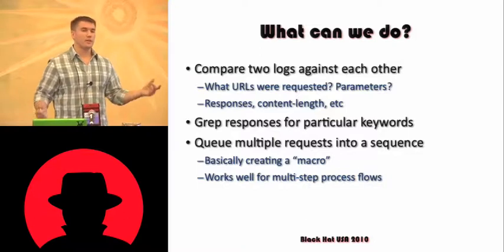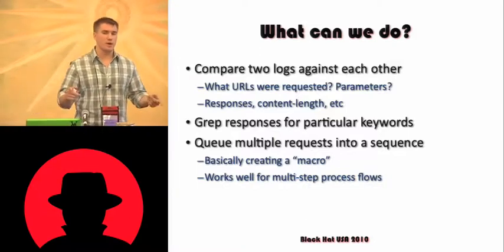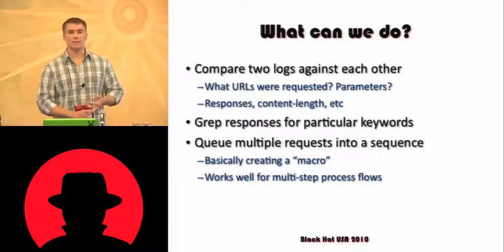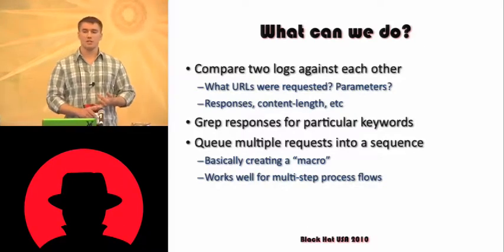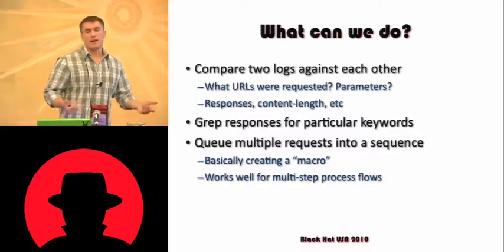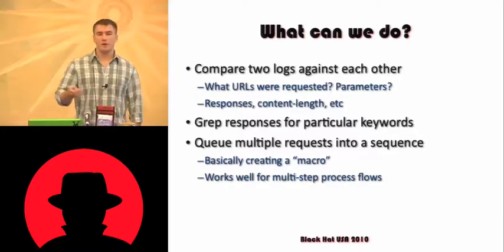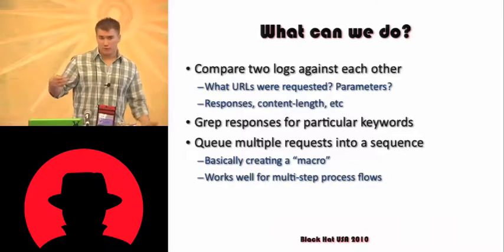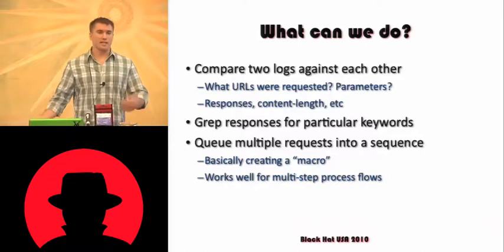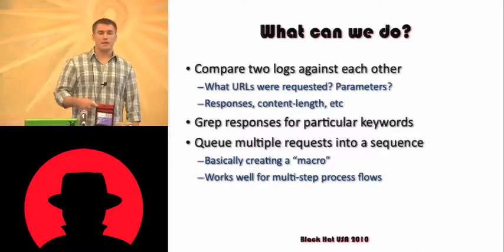We could parse those 2 separate proxy logs, compare all the URLs that were accessed and all the parameters that were submitted with each request, and do a comparison. And what you'll find is the administrator probably has a lot more access to various URLs and parameters that get submitted. So we could then just take that Burp object and replay it as a normal user.